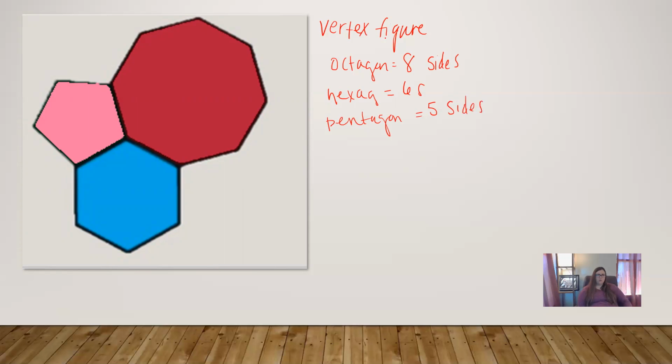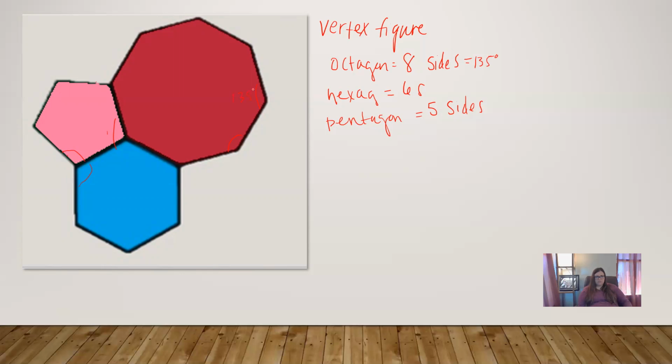So, what you do is find out, by using the formulas, how many degrees each interior angle is. So, of course, these are all regular shapes. So, they're all going to be the same for each one. So, if we had an octagon with 8 sides, that is going to be an interior angle of 135 degrees each.